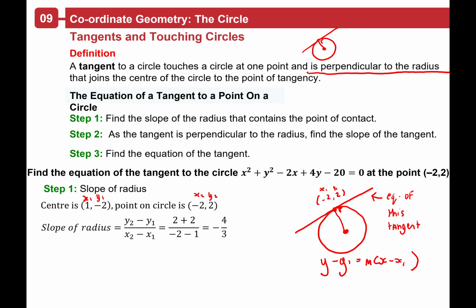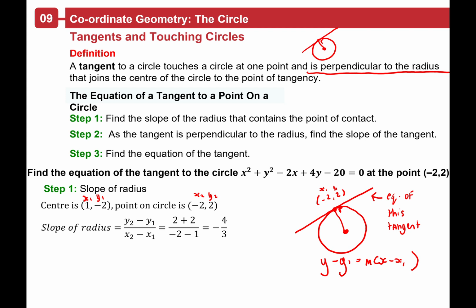The slope of the radius is given by y2 minus y1 over x2 minus x1. This gives us 2 plus 2 over minus 2 minus 1, which equals minus 4 over 3. So we find the slope of the radius.